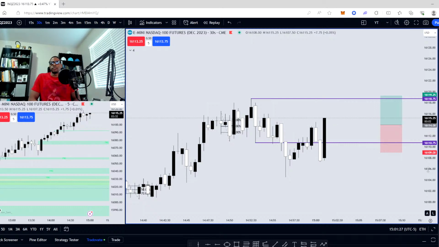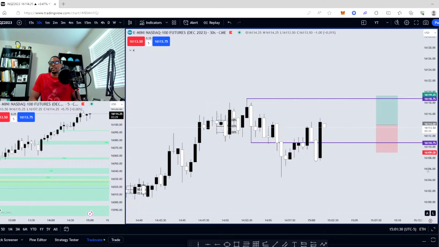Okay, traded back in between those two zones after taking out the low. Let's see if it can now take out the high and resume printing higher prices.